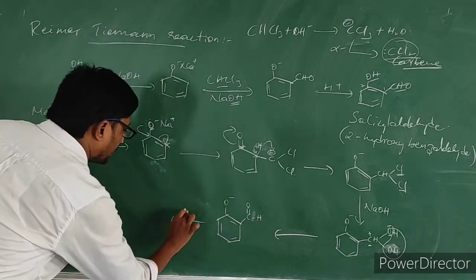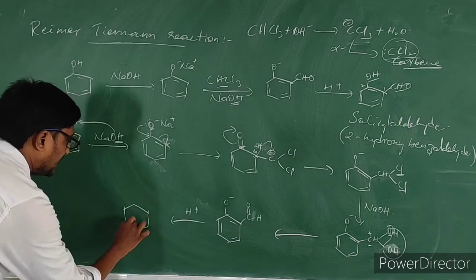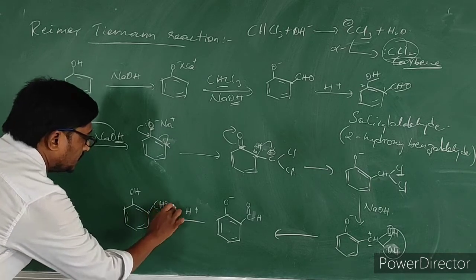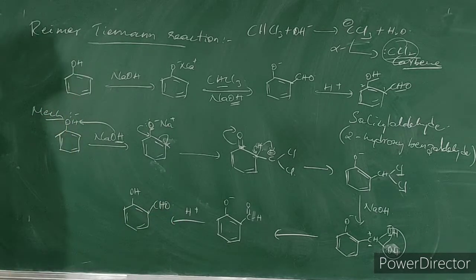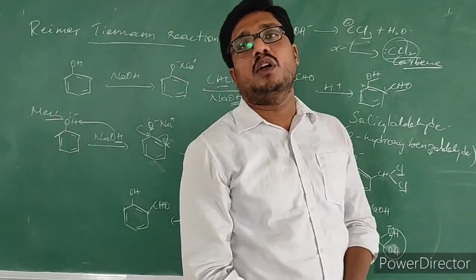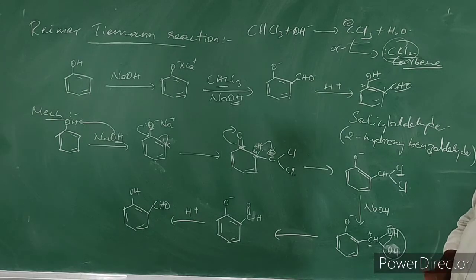This one reacting with H plus results in the formation of salicylaldehyde. Salicylaldehyde gets produced. CHO. So salicylaldehyde, we can use that as a solvent for paints. So this is about Riemann-Tiemann reaction.